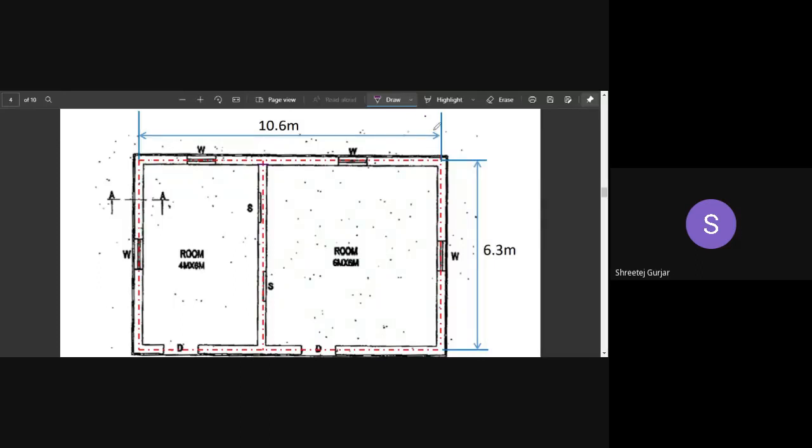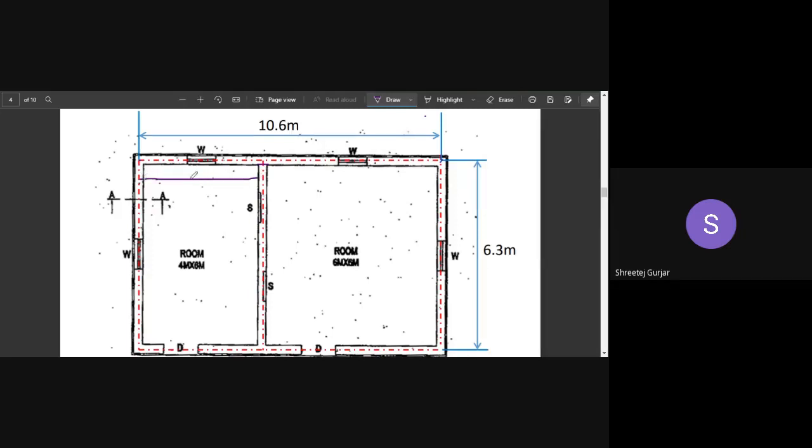Now we can see I have mentioned it here. Center line length of long wall starts from here and ends here. So you have to calculate this length. So how do we calculate? This wall thickness is 0.3, right? So half of this will be 0.15, and the in room distance we know is 4 meters.